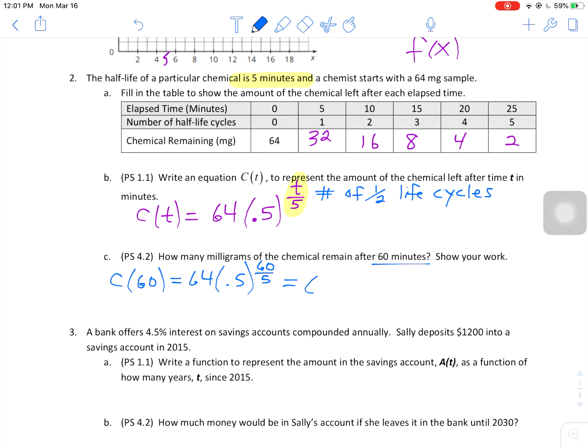So just type that in. If you want to go ahead and divide 60 divided by 5 right off the bat, you can do that. And then when you type it in, you get about this, 0.015625 milligrams.